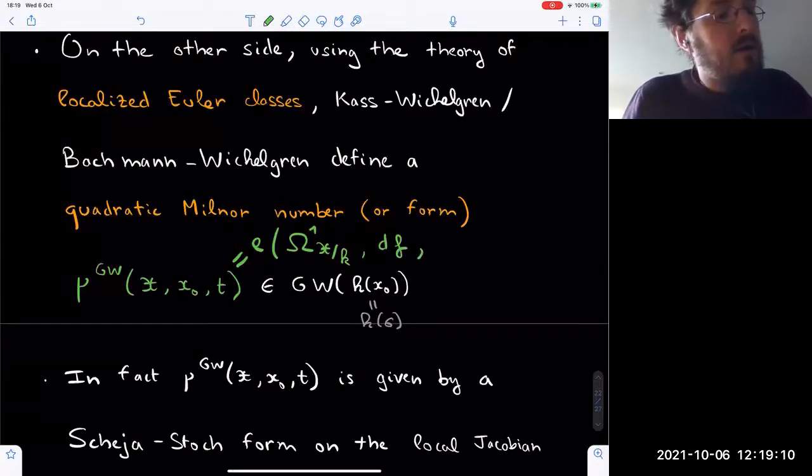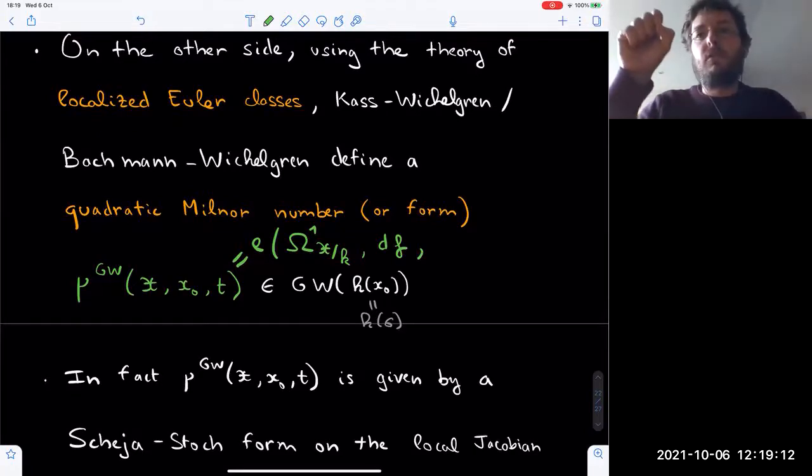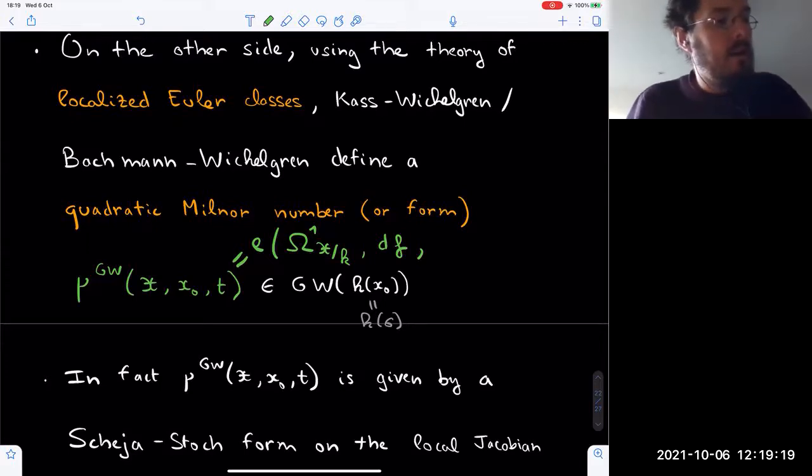So that will localize things precisely to the critical locus, the zero locus of df, which is the critical locus of f, which is just the isolated singularity in our case. And then to get something in the Grothendieck-Witt of k of x0, you have to somehow trivialize a line bundle, and for this you use the uniformizer.